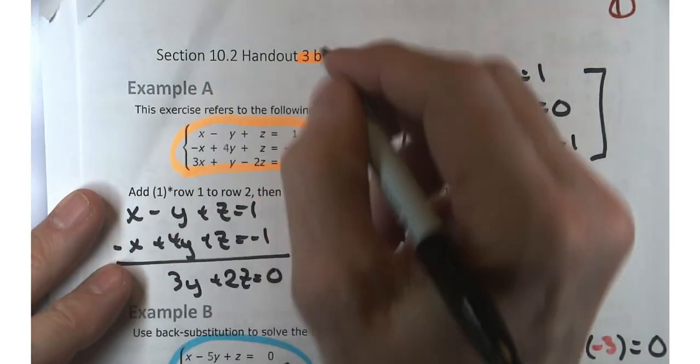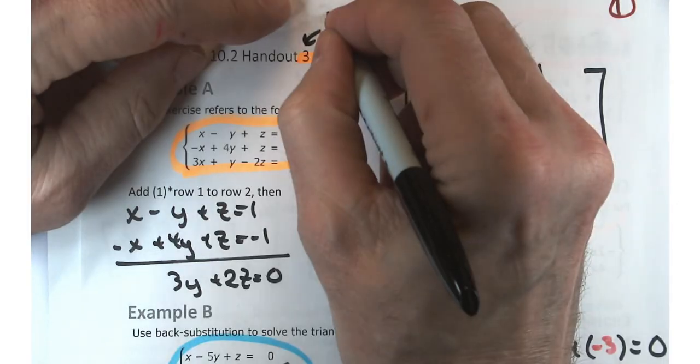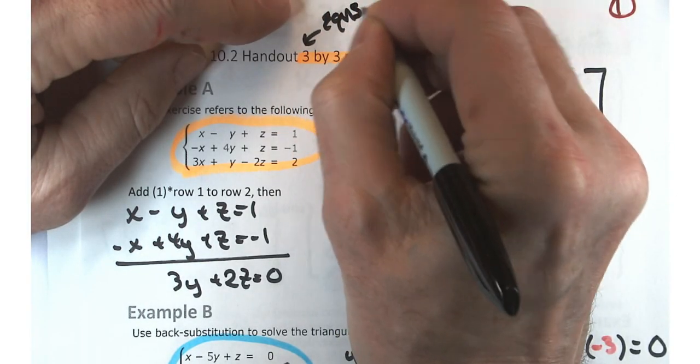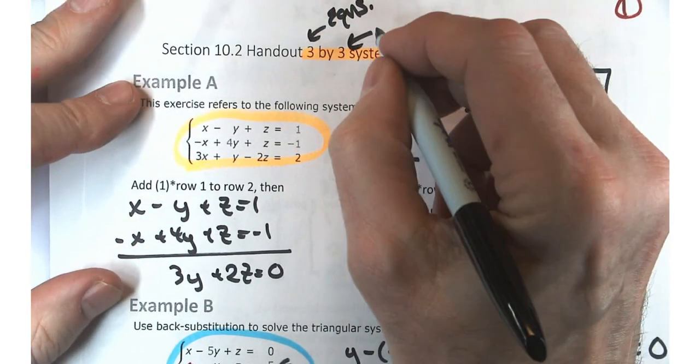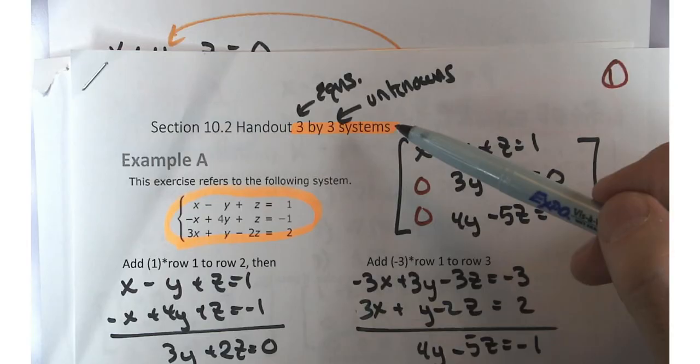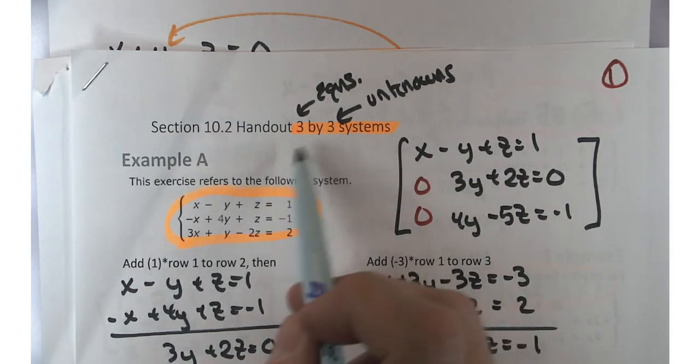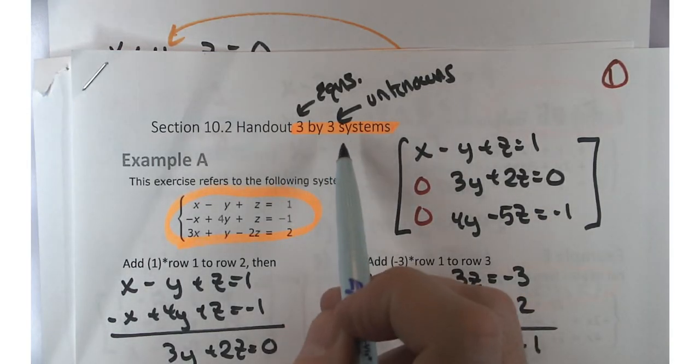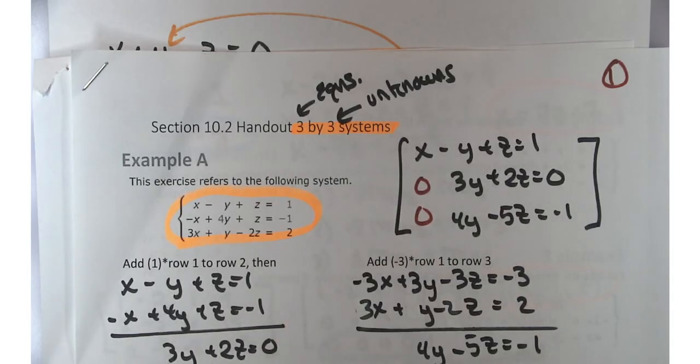So 3 equations. And the second one represents the number of unknowns, 3 unknowns. In order to have a good chance of solving, these 2 numbers have to match. You have to have at least as many equations as you do unknowns.